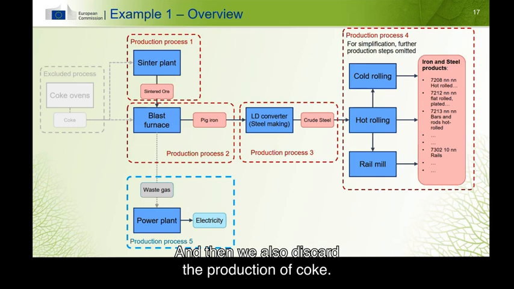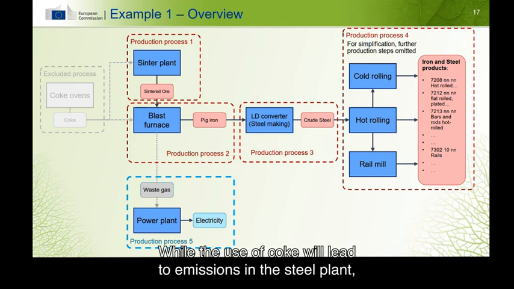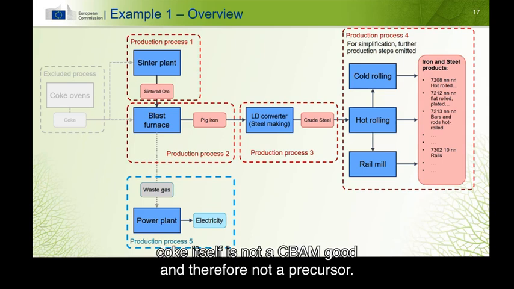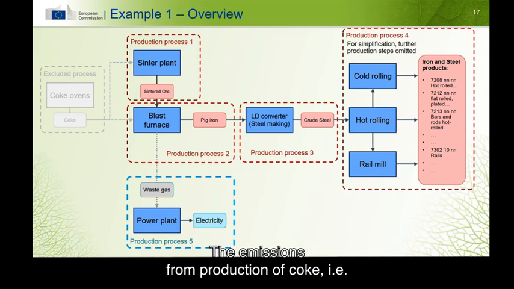And then we also discard the production of coke. While the use of coke will lead to emissions in the steel plant, coke itself is not a CBAM good and therefore not a precursor. The emissions from production of coke, i.e. the embedded emissions of coke, are disregarded.